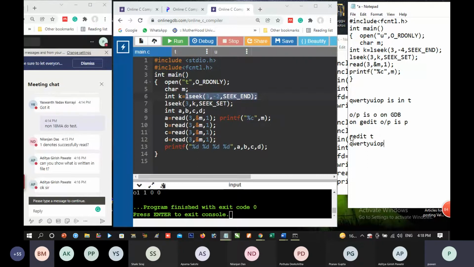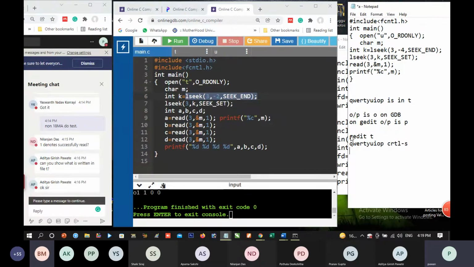Afterwards, we shall save it. We shall use Control S. So what happens? One more letter automatically comes after P without our saying. That letter is not visible. Hence, because of this also some output comes.